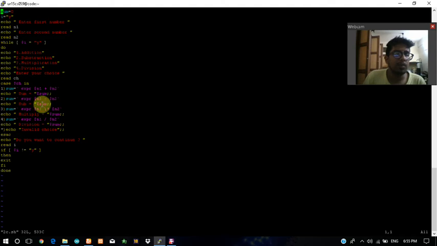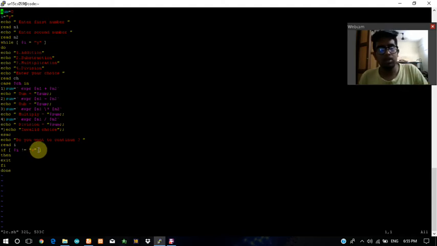For multiplication, the first number multiplied by the second number. For division, the first number divided by the second number. Other than these four options, anything else will be an invalid choice. And to continue, we can press y. So this was the code for the third.